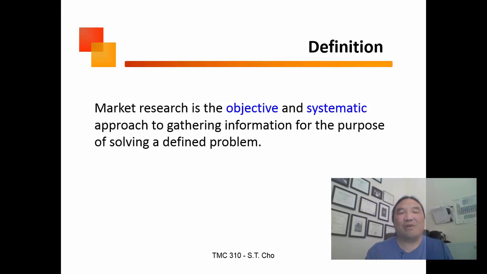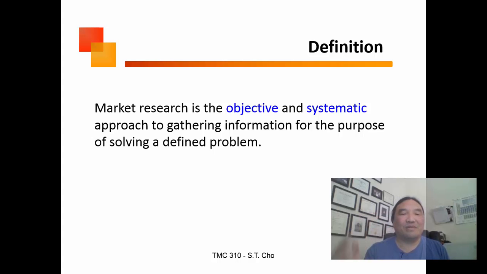The thing about market research, it has to be objective, meaning you can have no biases associated with it. And it has to be systematic, meaning you have to use the same process every time. If you use a different process every time, then your data isn't consistent because you changed something.